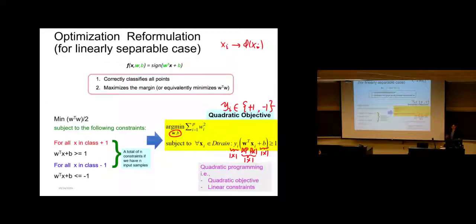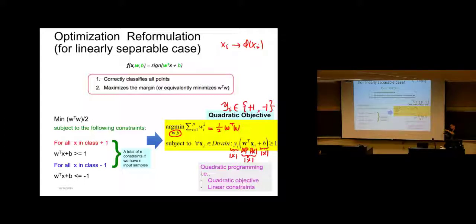So let's go back and see. This is my objective function, which is still equivalent to 1/2 W transpose W. So I maximize the margin, and at the same time require my parameters to make sure all the training points are predicted correctly.